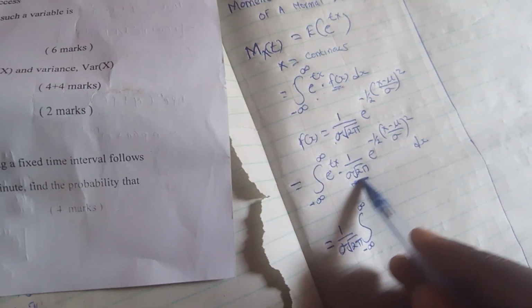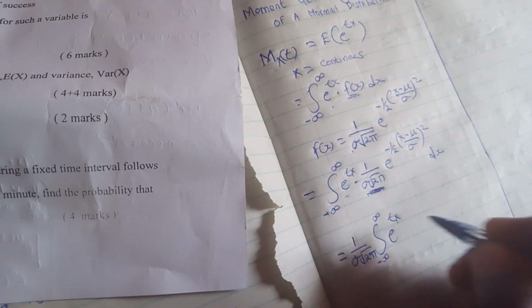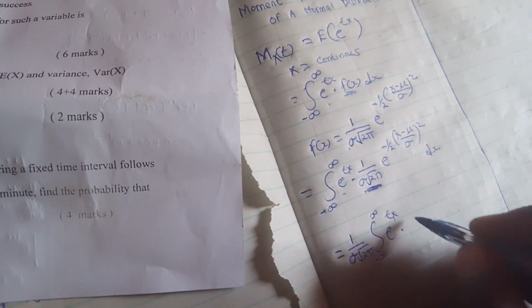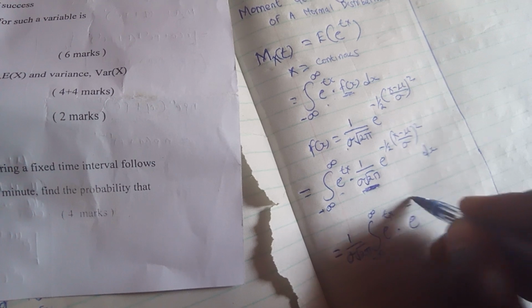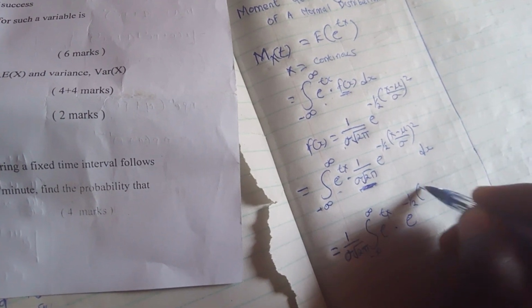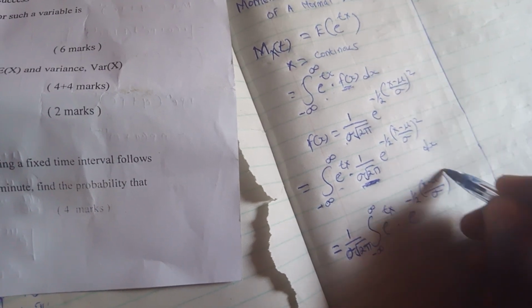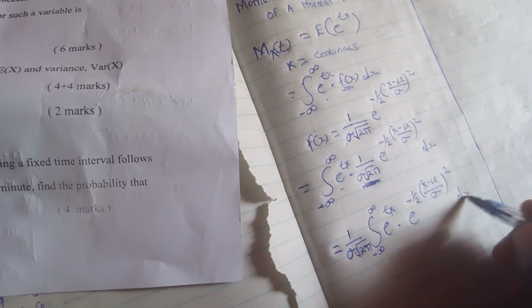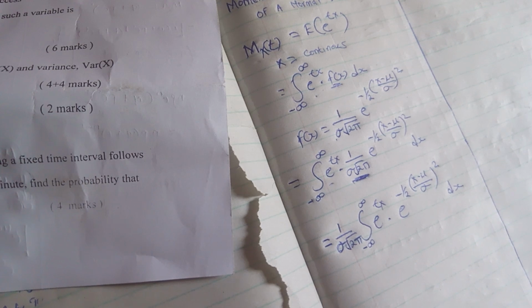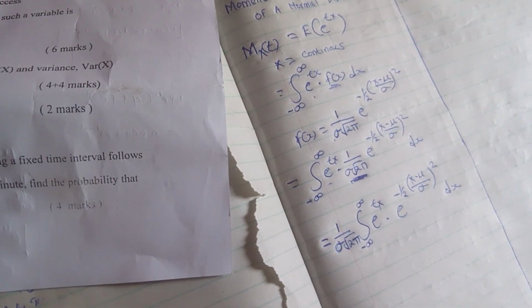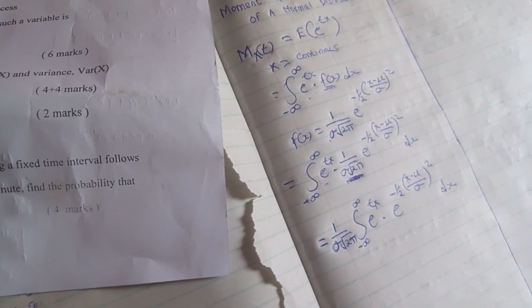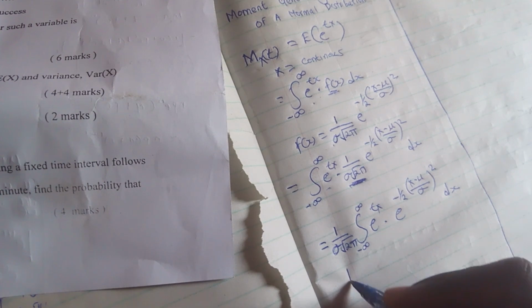Then already this one is eliminated. We remain with exponential tx multiplied by exponential negative half into (x minus mu over sigma) squared, dx. Are we getting it?